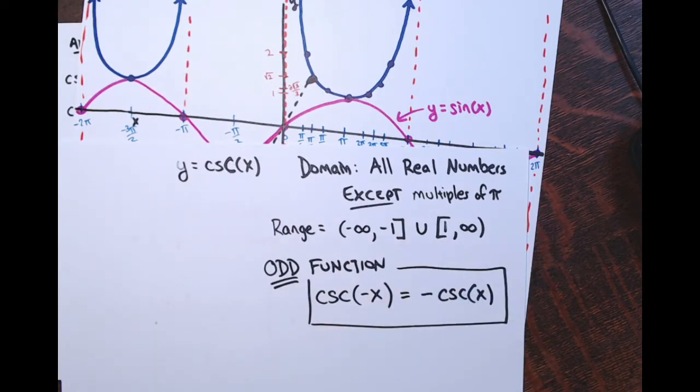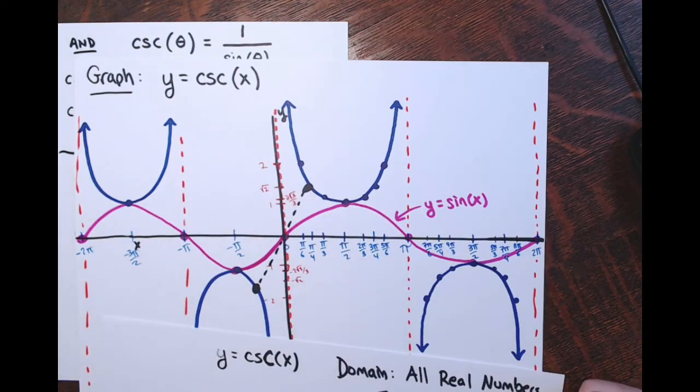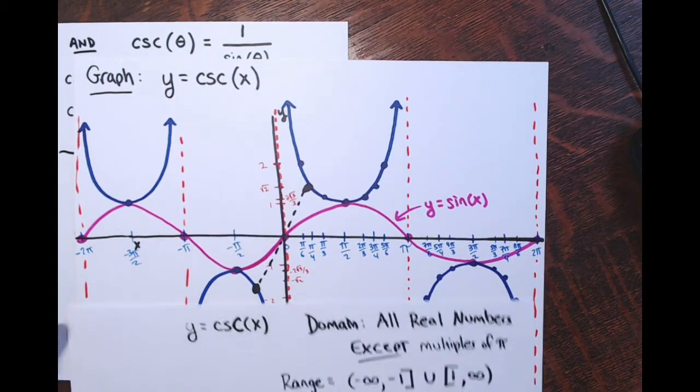Okay? All right, so that was the graph of the cosecant function. Now, in a very similar fashion, I'm going to use the cosine wave to show you the graph of the secant function.